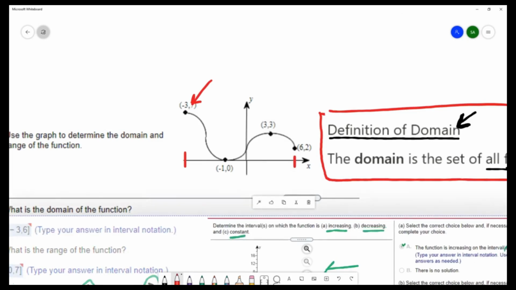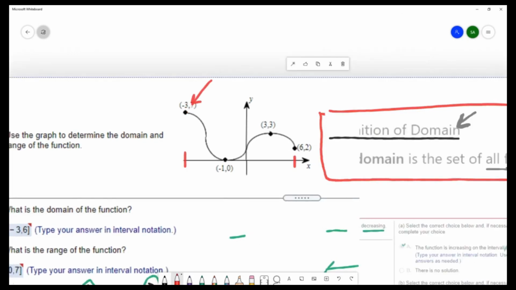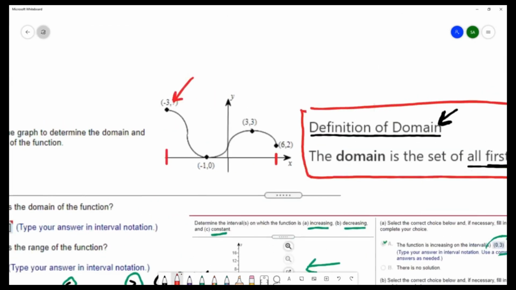So now I have an interval of numbers from -3 to 6. I'm using the x coordinates. The interval of numbers are all of the x's on this graph, and my domain goes from -3 to 6. I used brackets because these points on the end are included.